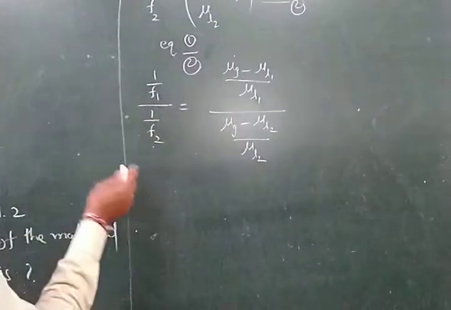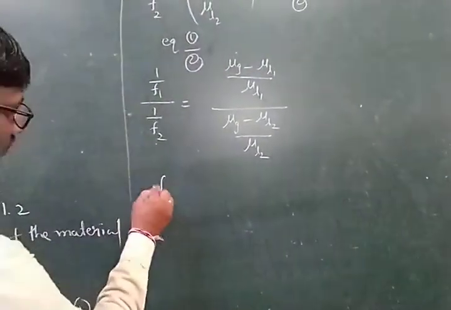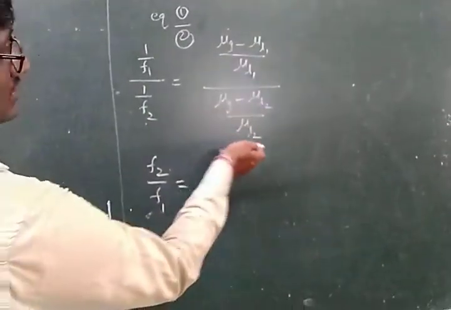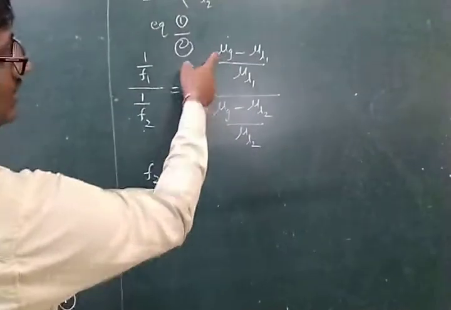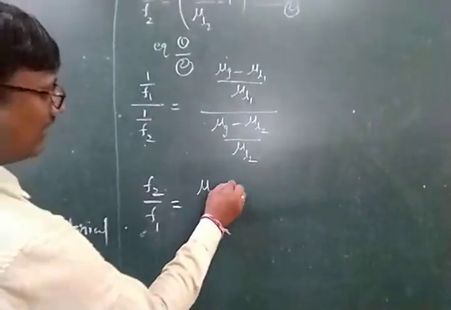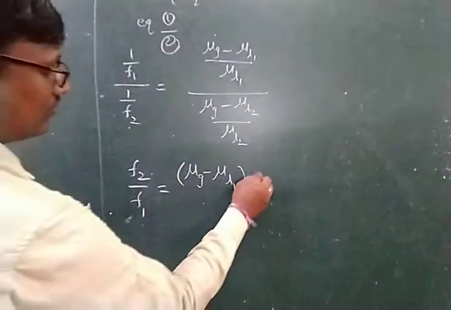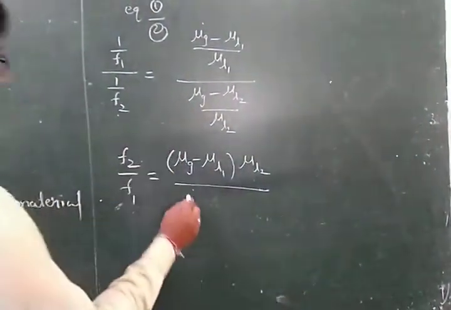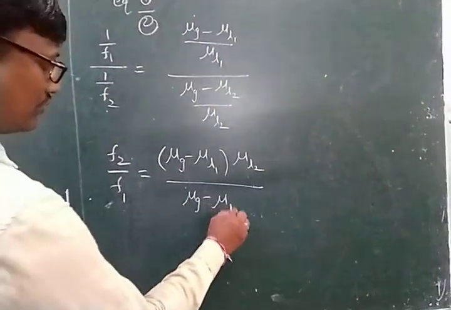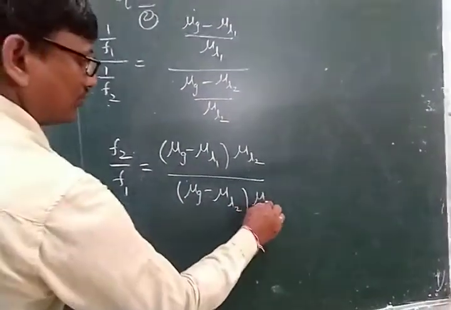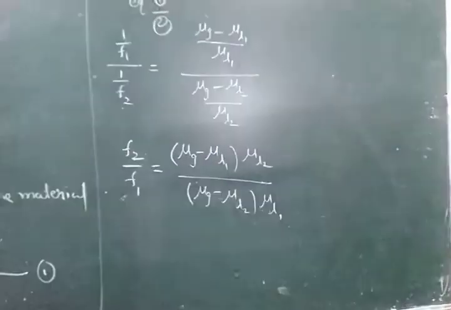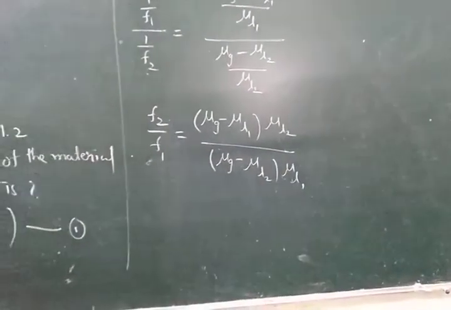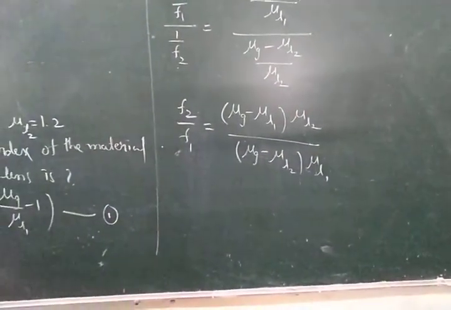That gives f2 by f1 is equal to (nu G minus nu L1) into nu L2 divided by (nu G minus nu L2) into nu L1. Substitute all the values here, then find the value of the refractive index of the glass.